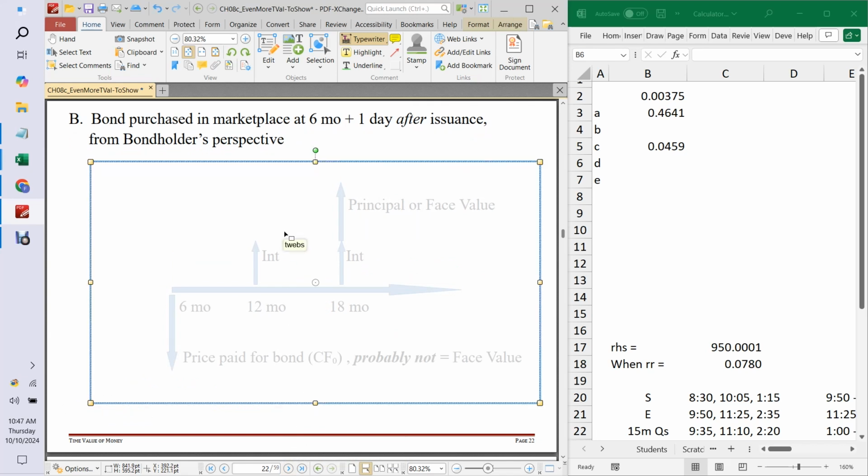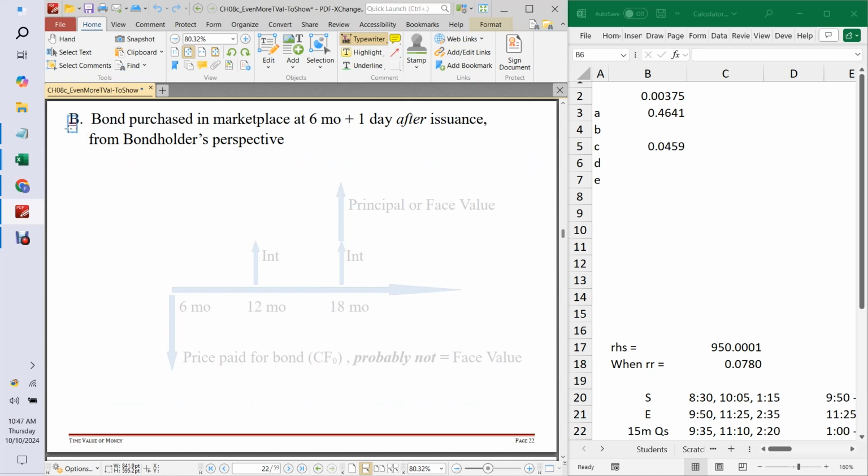Okay, excuse me. So our second case that we're going to have to consider is a bond purchased in the marketplace. And this is at, let's say, for example, 6 months and 1 day after issuance, and let's say same bond.